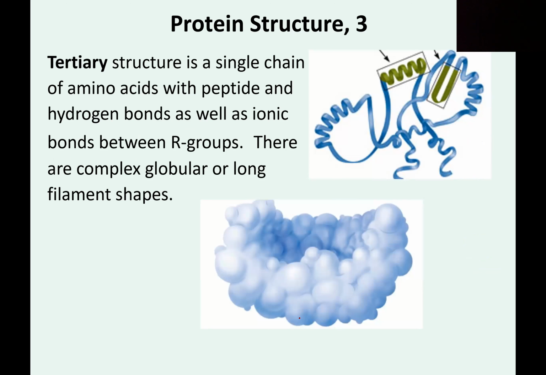It also has a single chain of amino acids. It has peptide and hydrogen bonds, and then it also has ionic bonds, but only between R groups. Two kinds of shapes: a complex globule, like we see here, this cloud-looking thing, or you can find them in long filaments.